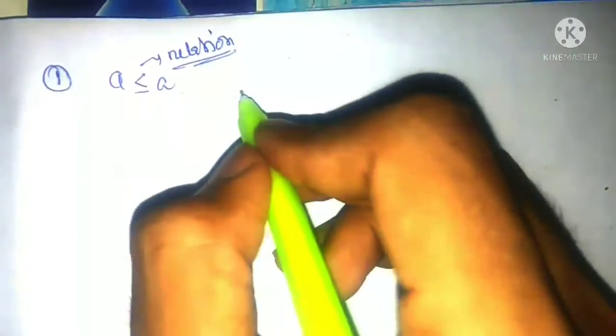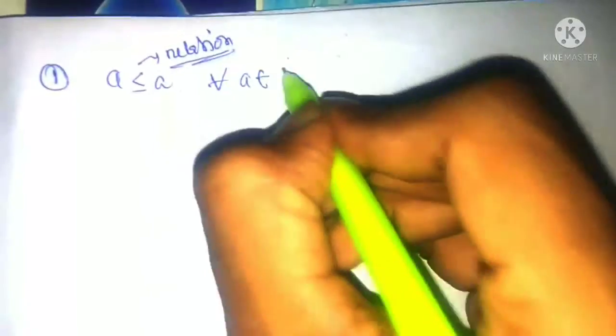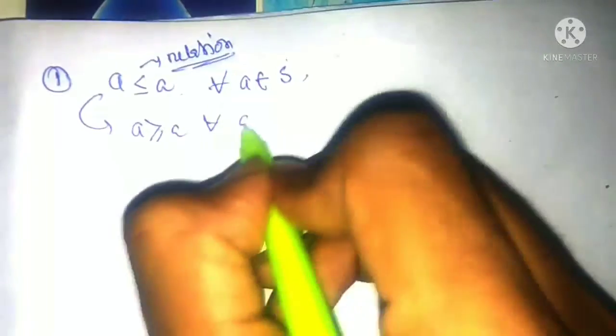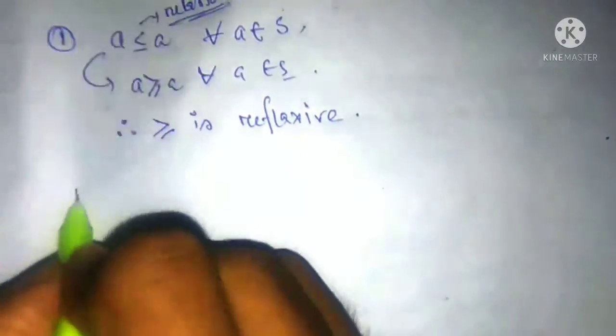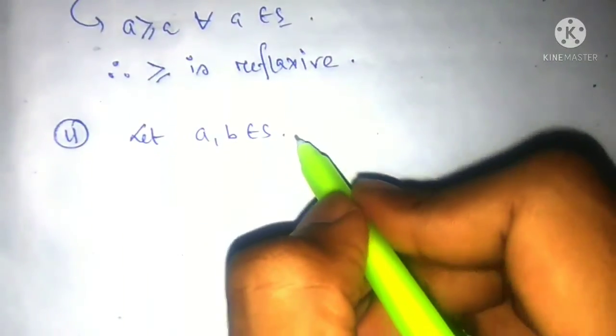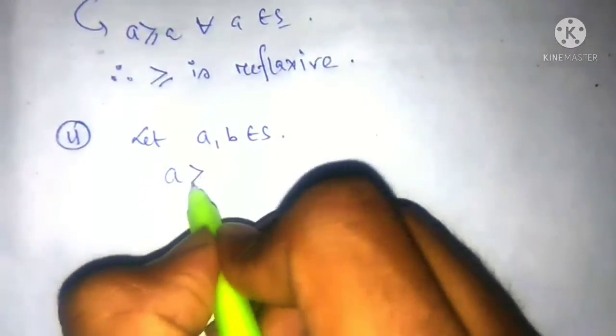Since A is a divisor of A, A is related to A. So for all a belongs to S, a greater than equal to a always holds. Therefore greater than equal is reflexive.